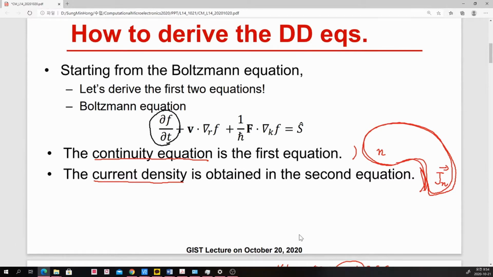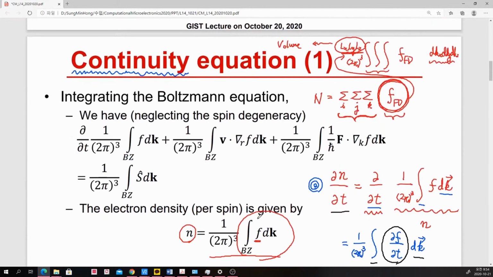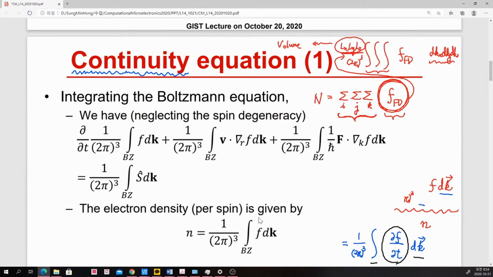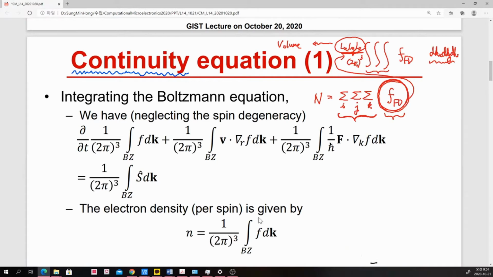So by just performing the momentum space integration, you can get round n over round t. That is the main idea. Okay, so now we just perform the integration of the Boltzmann equation over the momentum space. That is written here. So please have a look at this equation.